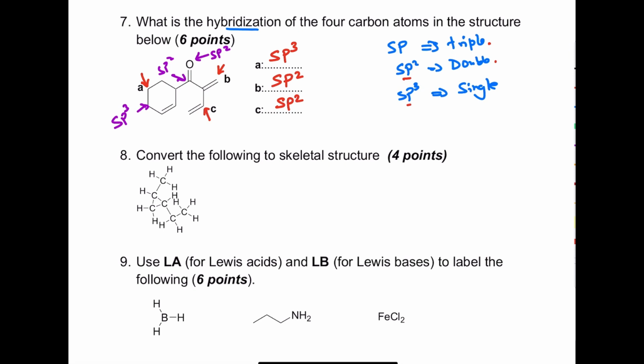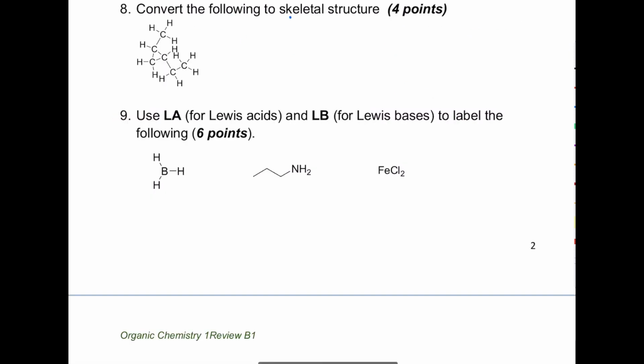Question number 8. Convert the following to a skeletal structure. In order to draw a skeletal structure, you need to follow these rules. Number 1, each corner is a carbon. Number 2, do not show hydrogen connected to carbon.